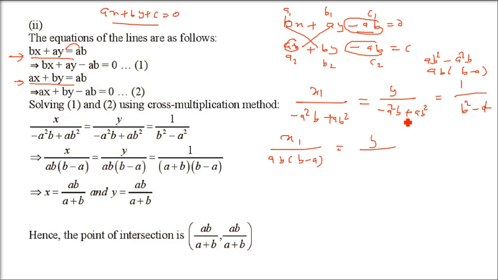Again, the same thing for y: ab square minus a square b, and taking ab common it will be b minus a. Now coming to 1 by b square minus a square, b square minus a square is b minus a, b plus a.